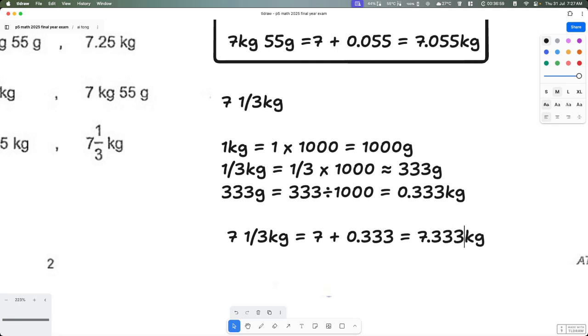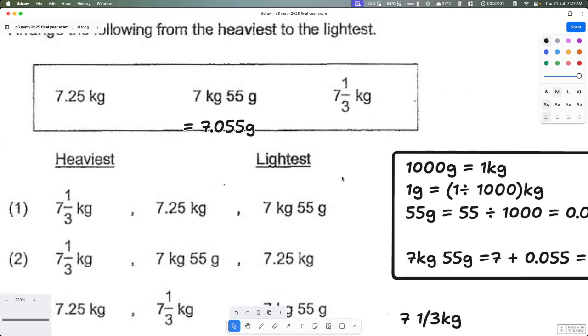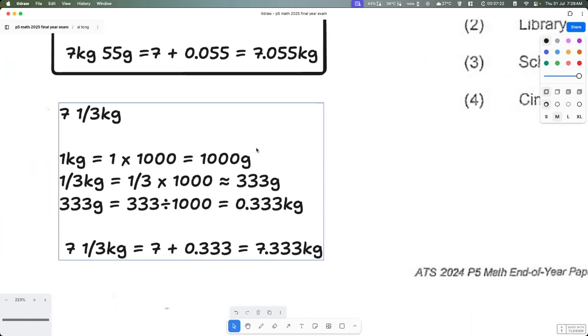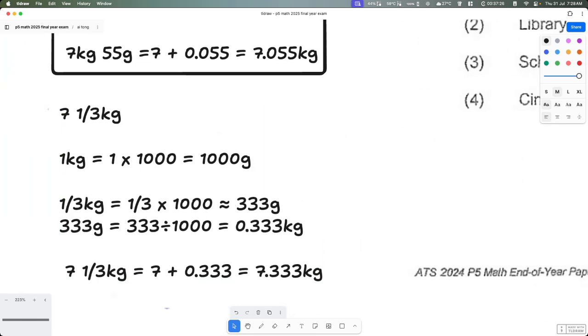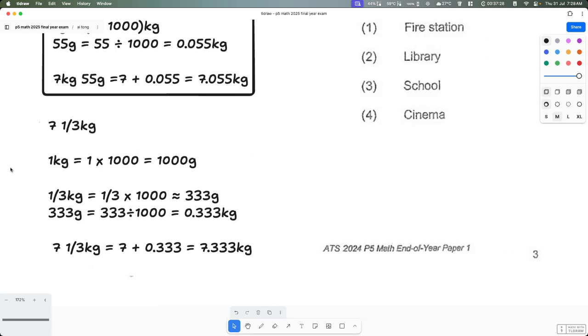So the answer to this for 7 point, this will be 0.333 kilograms, kg. This will also be in kg. And since all of this is decimal place, now we convert this to 250. Why do we round up? I'll put a little explanation over here.